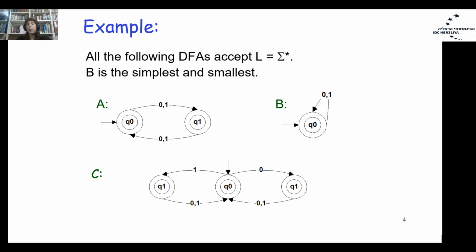In A we have two accepting states, Q0 and Q1, and we also accept all the words. C has three states. You have to rename one of the Q1 states drawn here to Q2. So we have Q0, Q1, Q2, three states, all of them accepting. So once again, we accept sigma star.